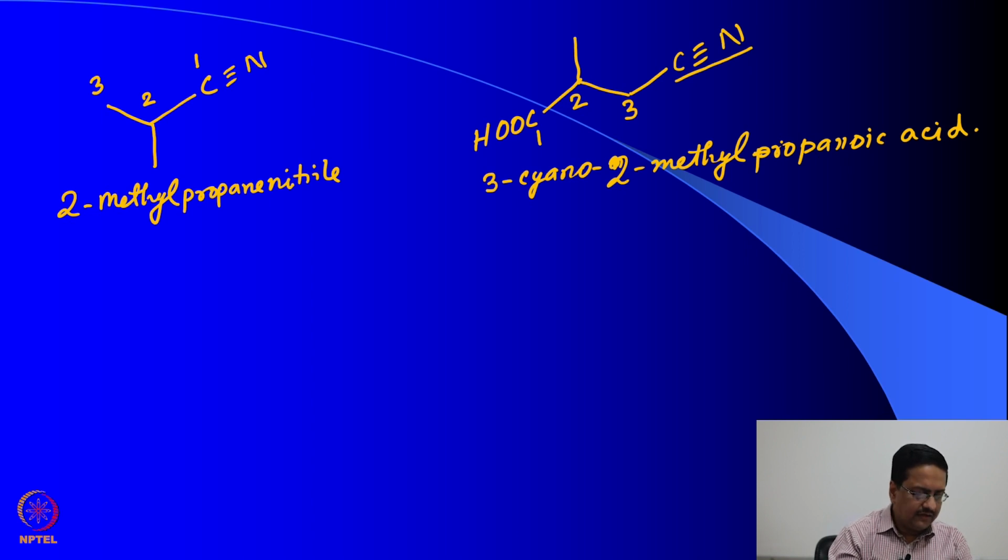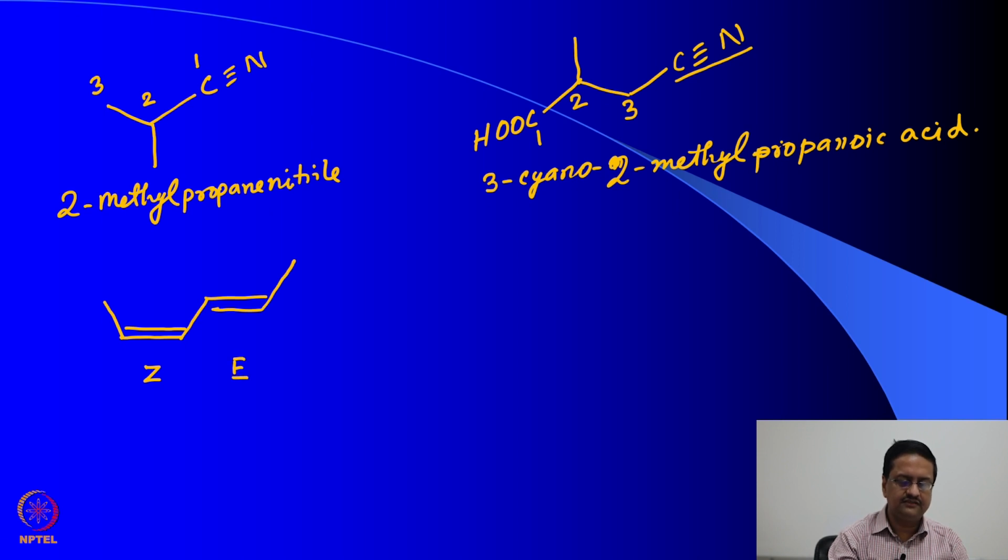Now, we again go back to a simple molecule which is essentially a diene, but here I would like you to see that the two double bonds that are drawn, one of them is E and the other one is Z. So, this double bond is in the Z configuration and that double bond is the E configuration.